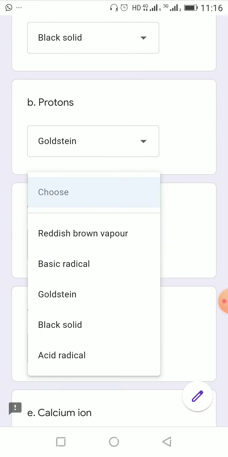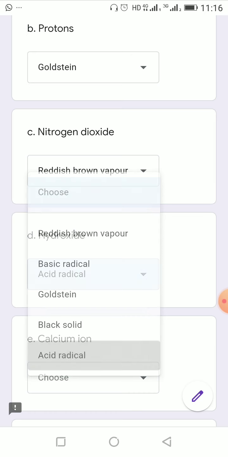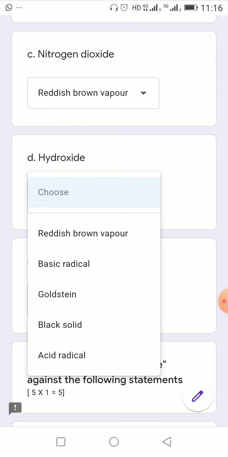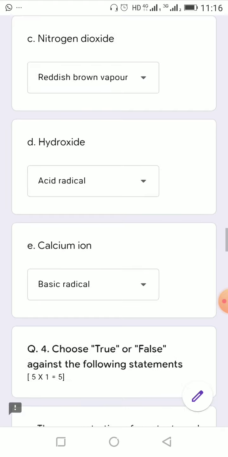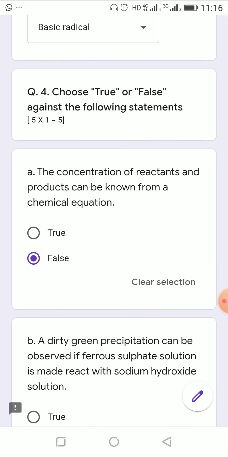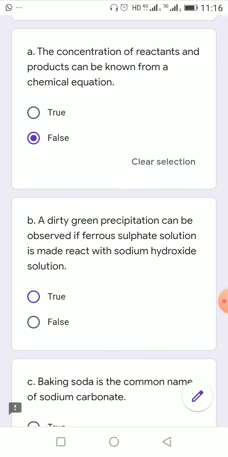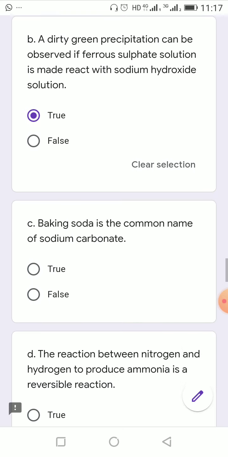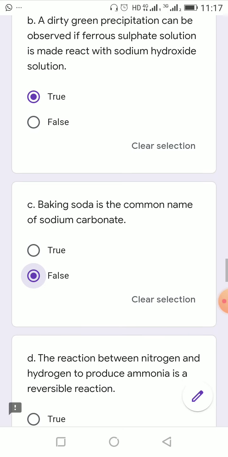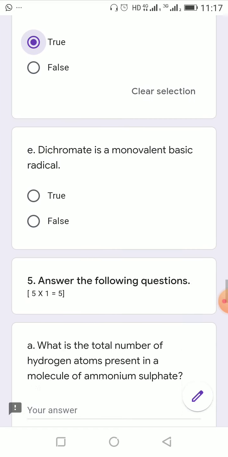Nitrogen dioxide, reddish brown vapor. Hydroxide, this is acid radical. Calcium ion will be basic radical. True, false. Concentration we can't get, so this will be false. Dirty green precipitate, yes, true. Baking soda, this is false. It will be sodium bicarbonate. Nitrogen and hydrogen, this is a reversible reaction, yes.